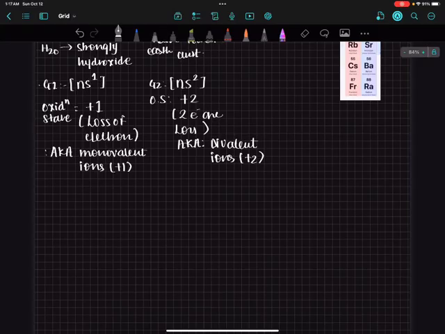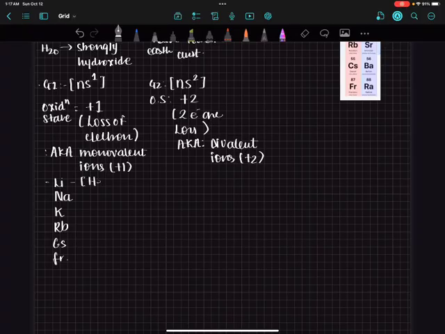The examples present in monovalent are lithium, sodium, potassium, rubidium, cesium, and francium.